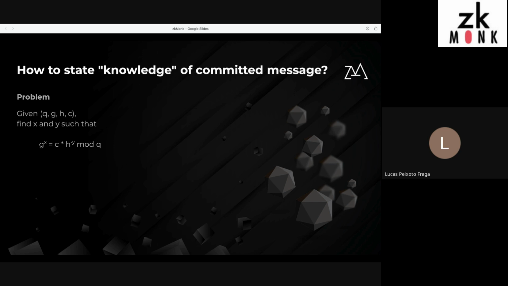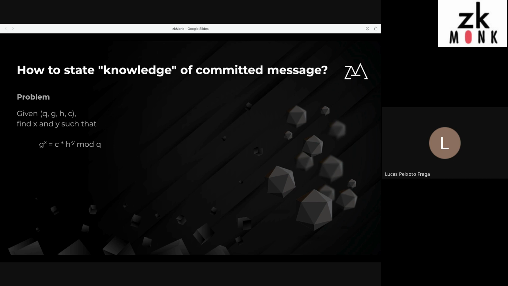I just moved the h power to the other side to make clear that if we are able to find x and y just from the values that were given, we are able to solve the discrete logarithm. And this is something that we are not supposed to do, unless we already know the discrete logarithm. And this is why we need to get rid of it right away. Okay.